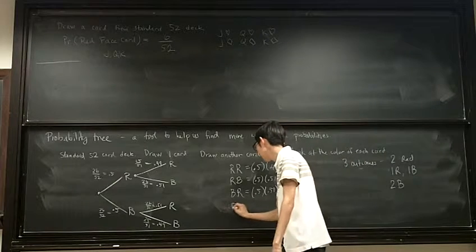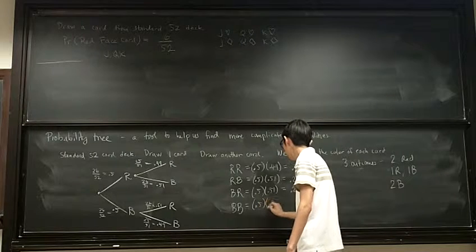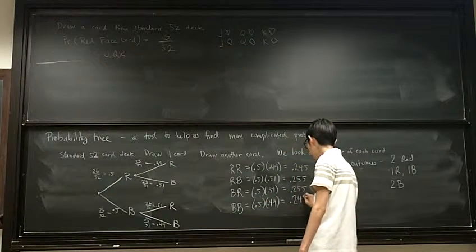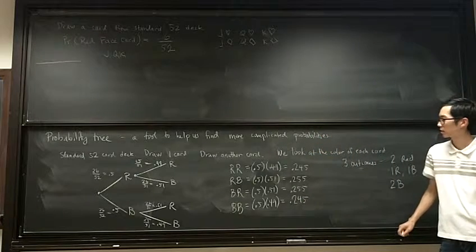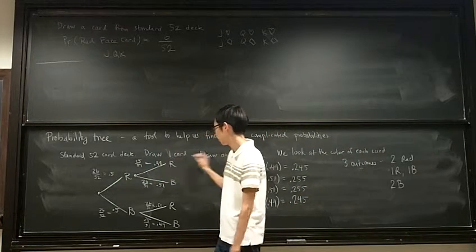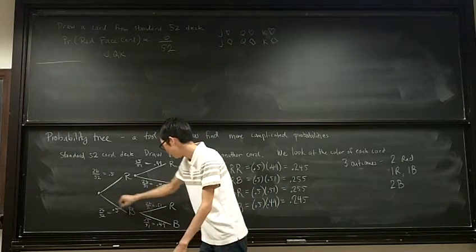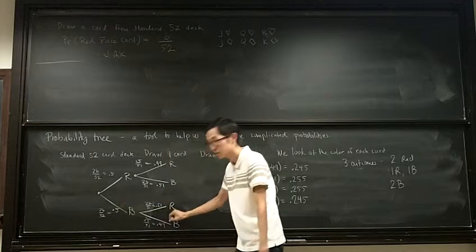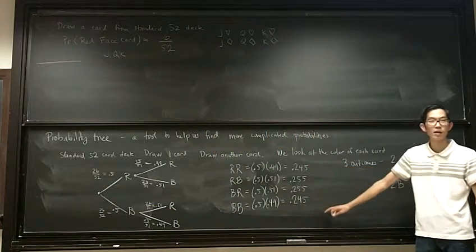And then the probability of drawing black and then black is 0.5 times 0.49, 0.245. Okay, and all I've done is I've gone 0.5 times 0.49 for red, red. For red, black, 0.5 times 0.51. For black, red, 0.5 times 0.51, and for black, black, 0.5 times 0.49. To get all of these things.